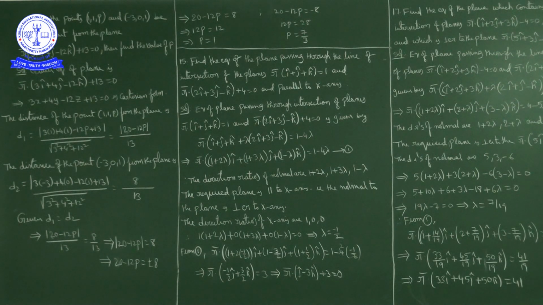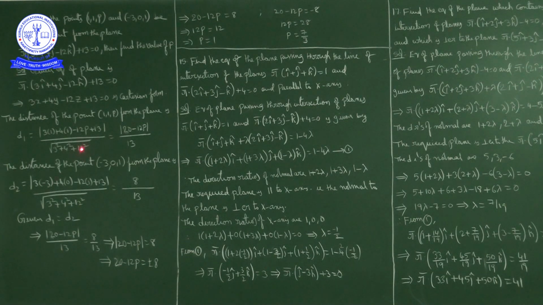So using that formula, the distance of the point (1, 1, P) from the plane, d1, is equal to the magnitude of, in place of x, y, z, write 1, 1, P: 3 into 1 plus 4 into 1 minus 12 into P plus 13, upon the square root of a square plus b square plus c square, 3 square plus 4 square plus (minus 12) square.